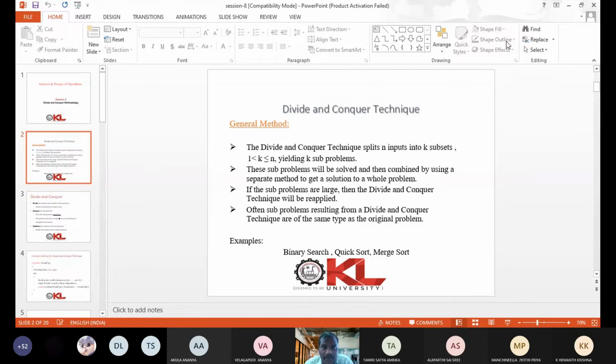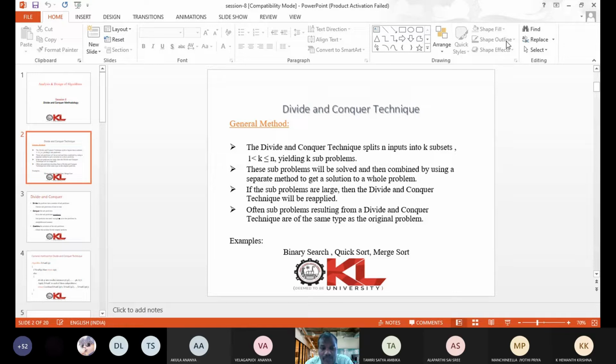So divide the problem, solve the subproblems independently, then combine the solutions to get the solution to the original problem. This is how the general method of divide and conquer works.